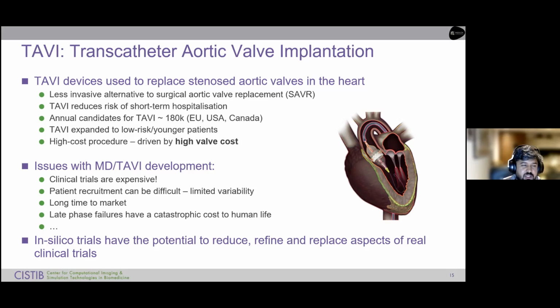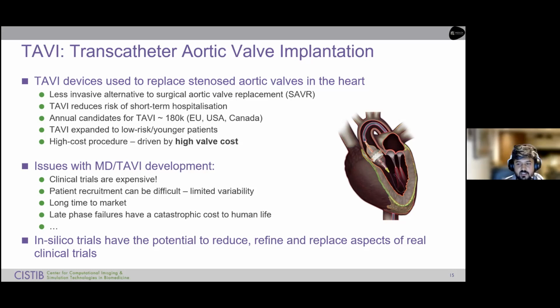So what high risk means is generally people who are beyond a certain age and have a certain degree of stenosis in their aortic valve, such that surgical operation is considered too high a risk, and hence TAVI is the only alternative. But in the last couple of years or so, with the improvement of TAVI devices, various regulatory bodies have expanded their use to low risk and younger patients as well.